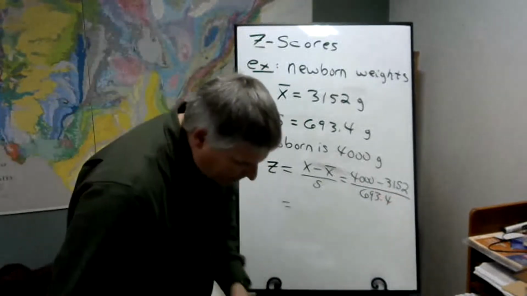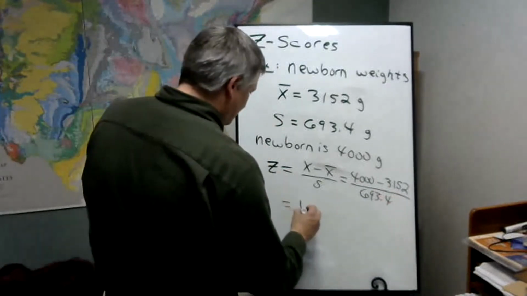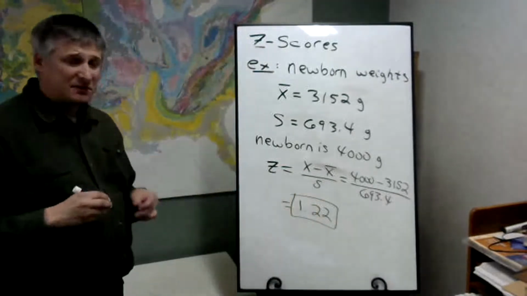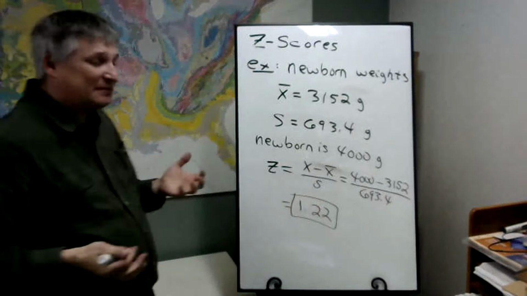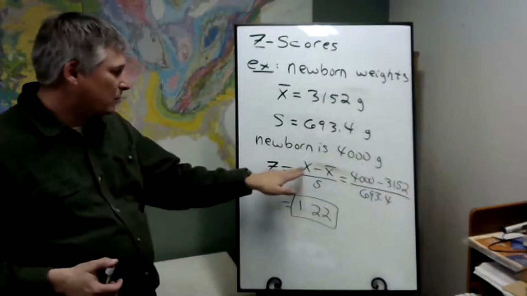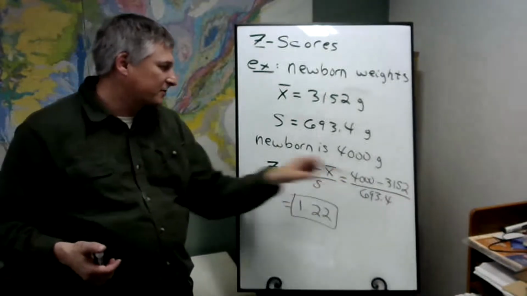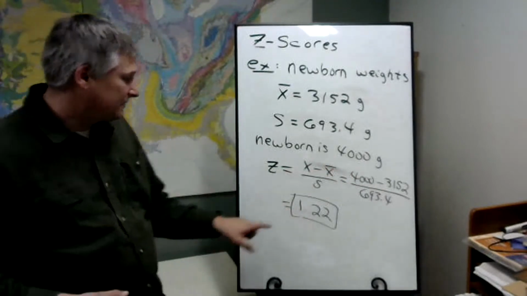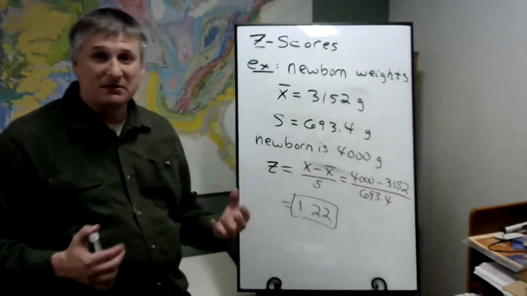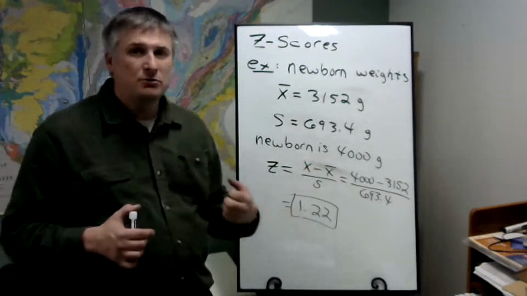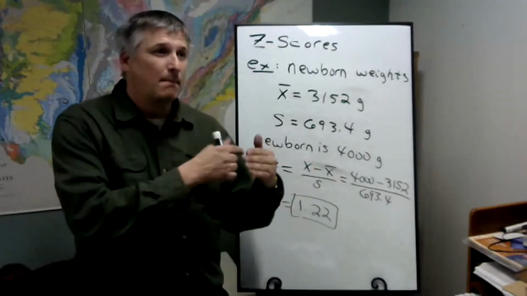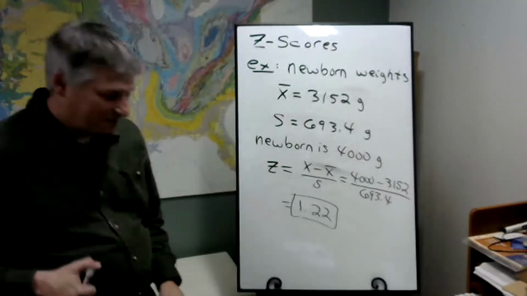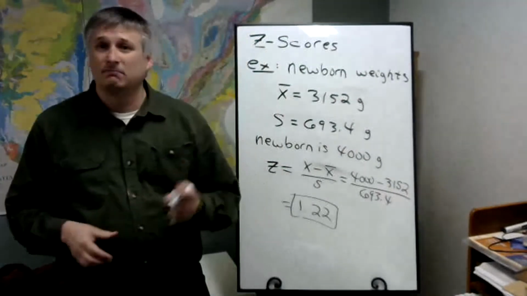And we do that, what we're going to get is about 1.22. And that's our z-score. And that's it. So instead of working with this data value of 4,000 grams, we might work with the z-score. And what this says is that this piece of data is 1.22 standard deviations above the mean. And so that's your z-scores. If you have any questions about that, let me know.